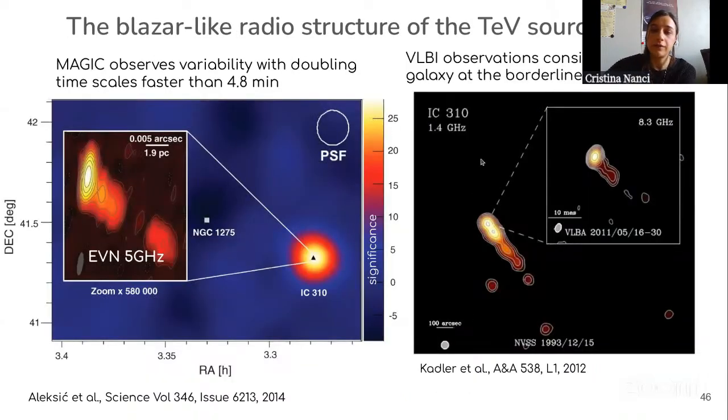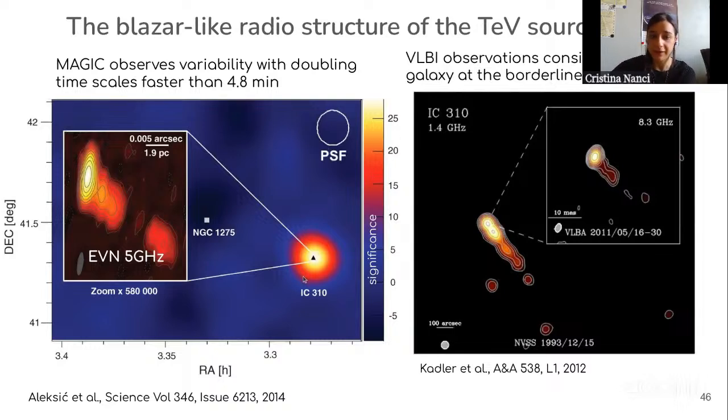Another interesting source was the TeV source IC 310, for which again there was a debate on the nature. From VLBI observations, they found that the parameters of the source are consistent with a radio galaxy at the borderline to a BL Lac.